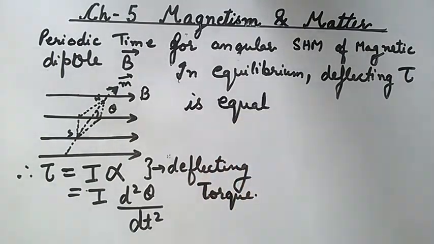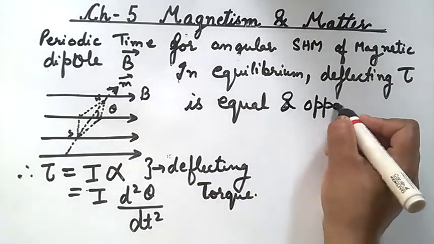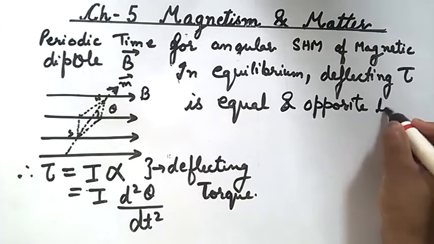It will be equal and opposite to the restoring torque.